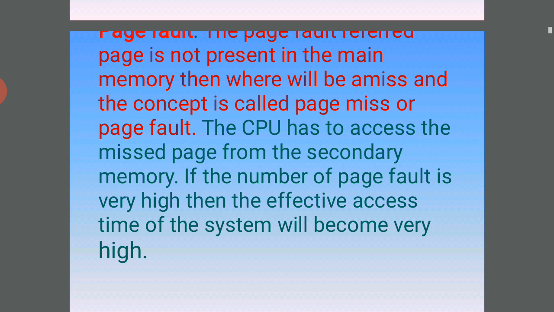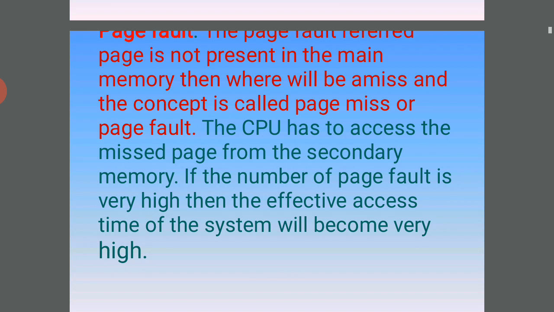The CPU has to access the missed page from the secondary memory. If the number of page faults is very high, then the effective access time of the system will become very high.